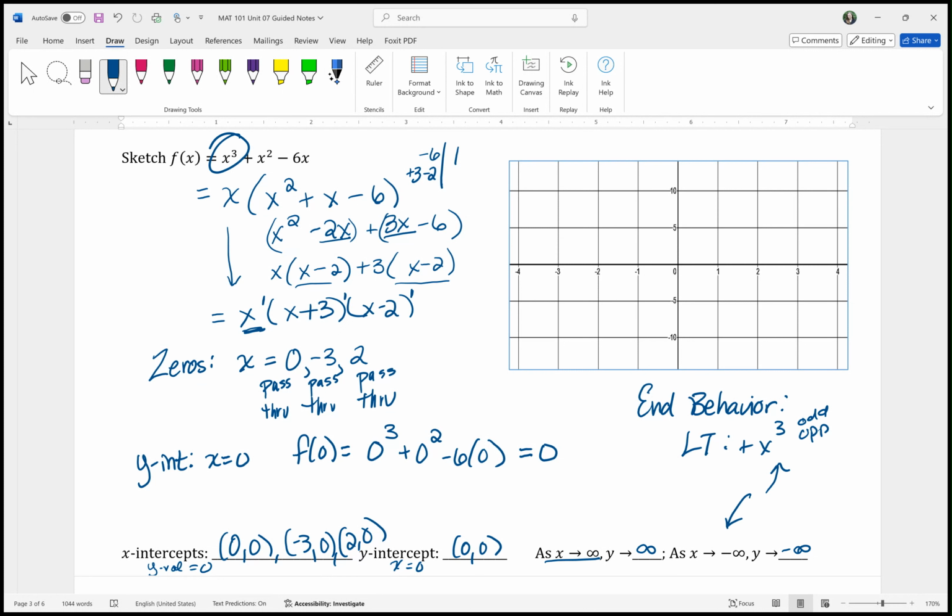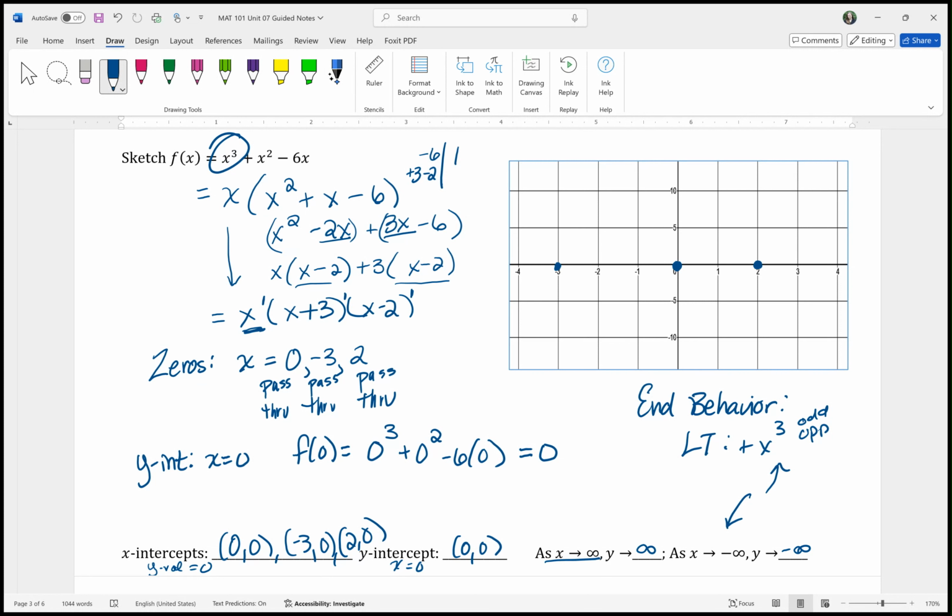So I would start by graphing your x-intercepts. We have our x-intercepts as (0, 0), (-3, 0), and (2, 0). Okay, now end behavior, let's talk about that. We're going to put that in here. Let's look at the right side first.